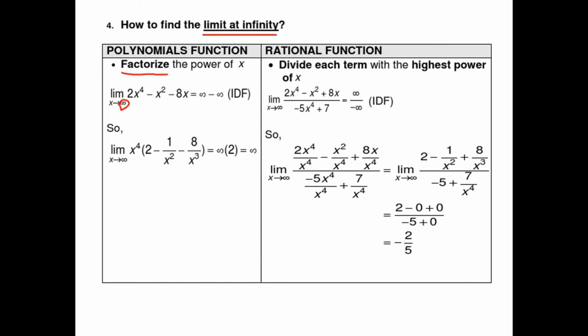For x to the power of 4, we get infinity, and then times 2 minus 1 over x squared becomes 0, minus 8 over x cubed becomes 0. So we get infinity times 2, which equals infinity.